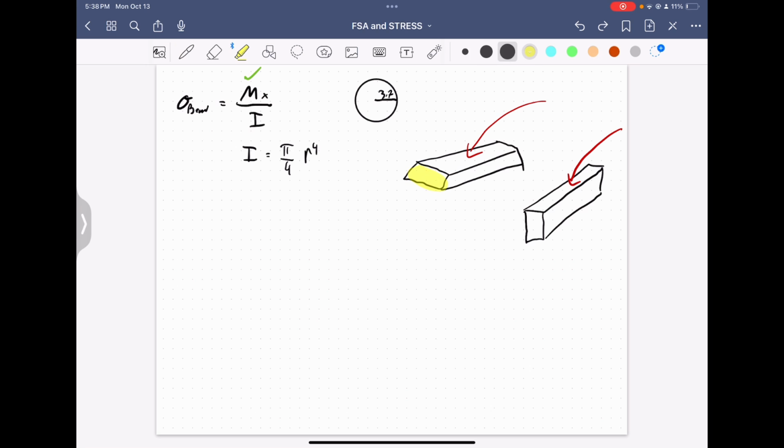Here, if we look at this surface, this wood is going to bend. So this side is going to be in tension, and this side is going to be in compression. If we look at that cross-sectional area, this side's getting squeezed together and this side's getting pulled apart.